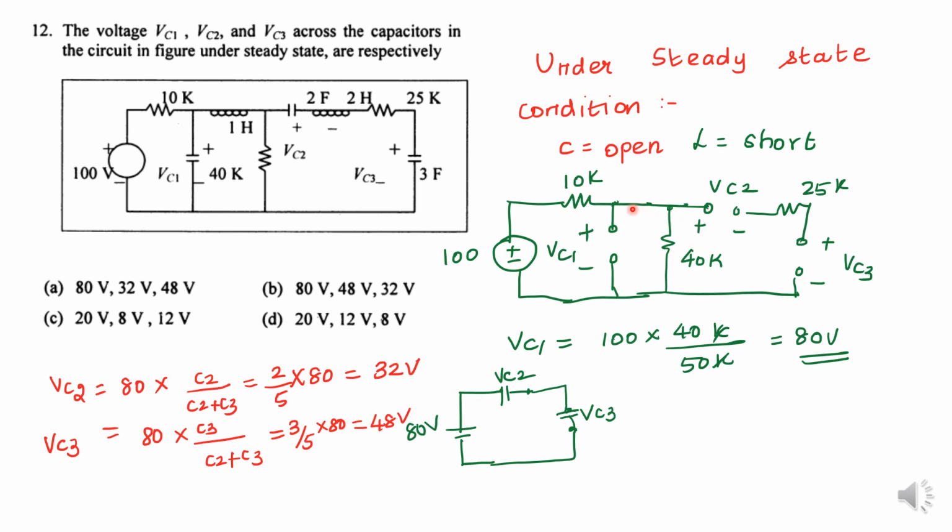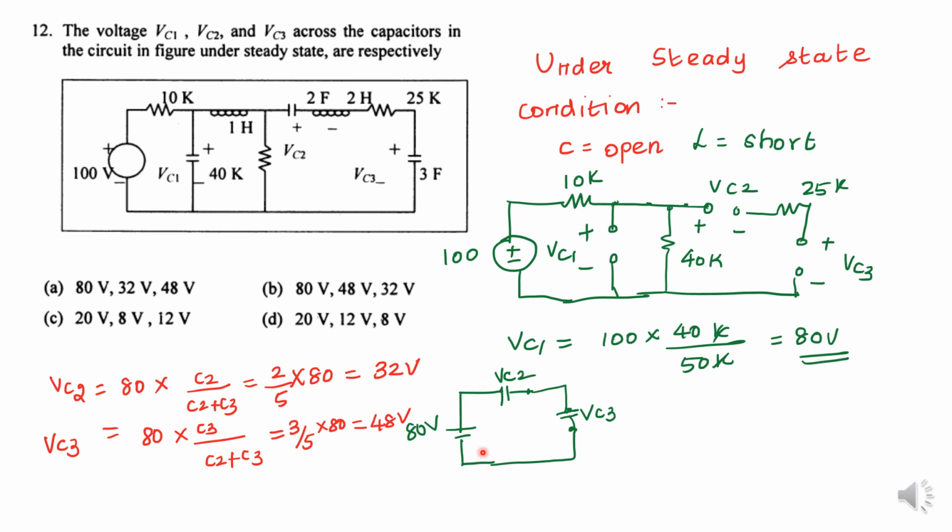Again the inductor is a short circuit, then this is the open circuit, then 25k, and the third is a short circuit. First of all, I am going to find VC1. VC1 is the voltage across the 40 kilo ohm resistor. I have to use the simple voltage division technique. So VC1 is 100 into 40k divided by 10 plus 40, that is 50k, which equals 80 volt.